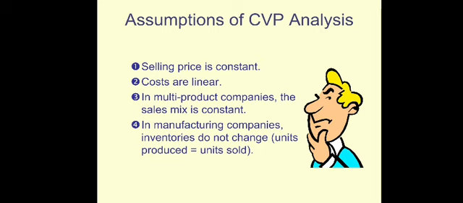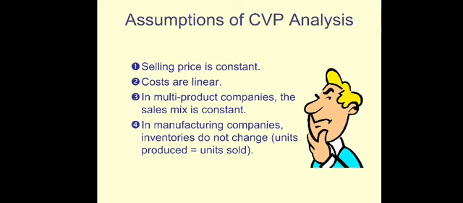So you have to be aware that when you do all these calculations, you have to follow several assumptions. The first assumption is selling price is constant. Remember, when we did all the calculation, we assume that selling price is always the same. For the bicycle company, the selling price is always $500 per unit.